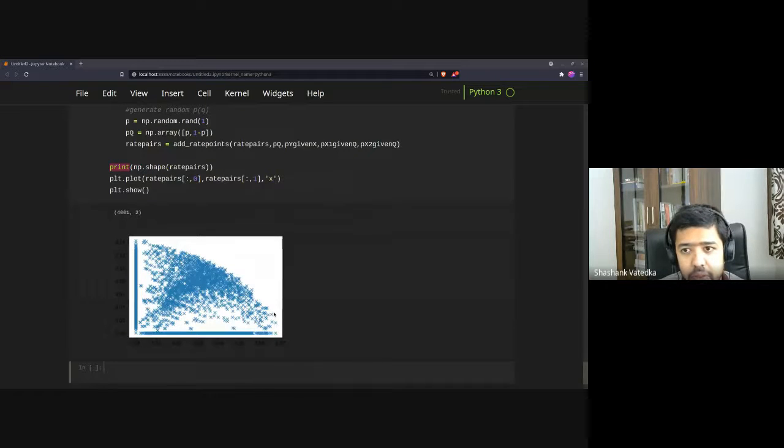That gives me some points, and using this, I can find the convex hull. Let's try to do this.